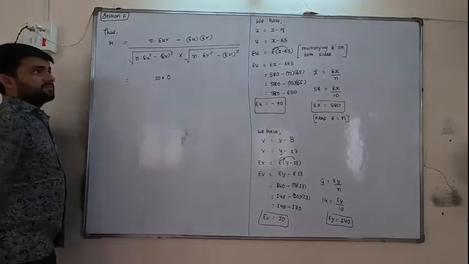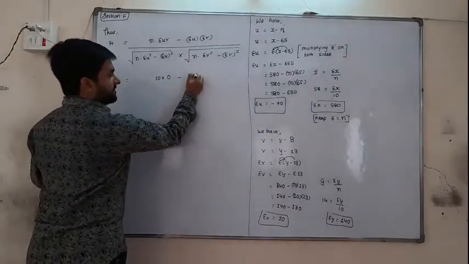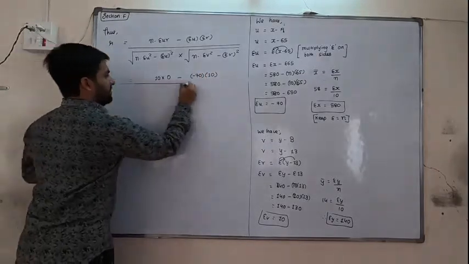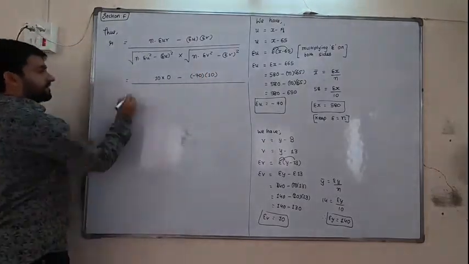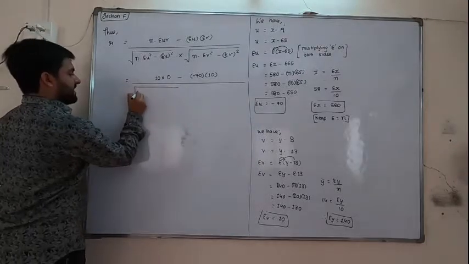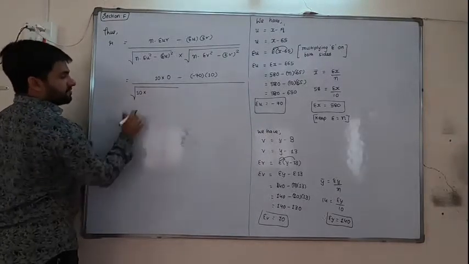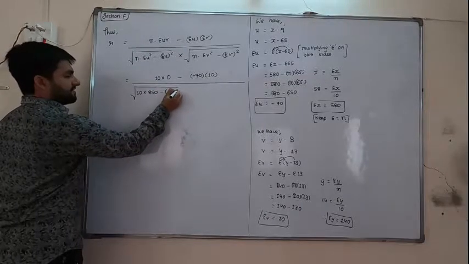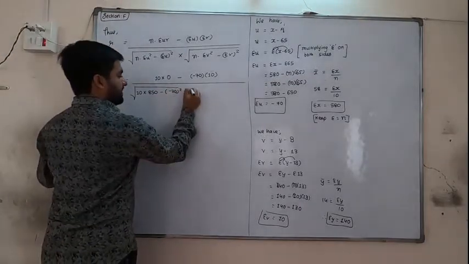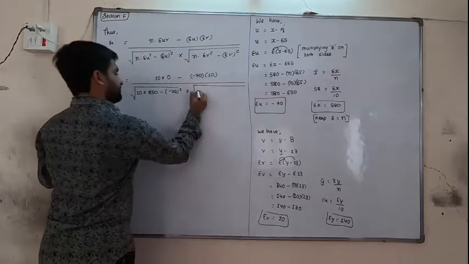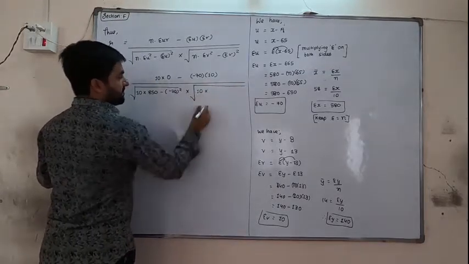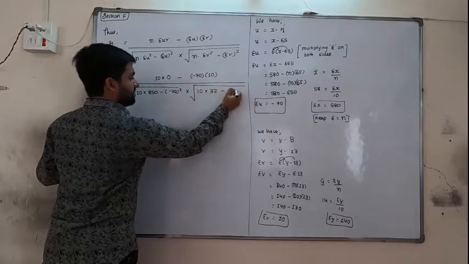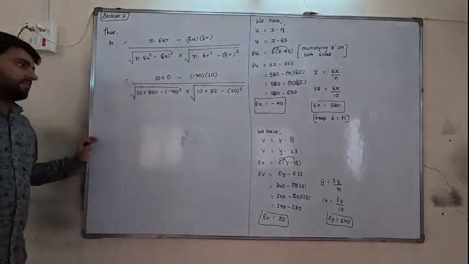Remember, sigma uv was 0 minus sigma u, which is minus 70, and sigma v is 10, divided by, in the first square root, n is 10, sigma u square was 850, sigma u whole square is minus 70 whole square; multiply in the second square root, n is 10, sigma v square was 32, sigma v whole square is 10 whole square.